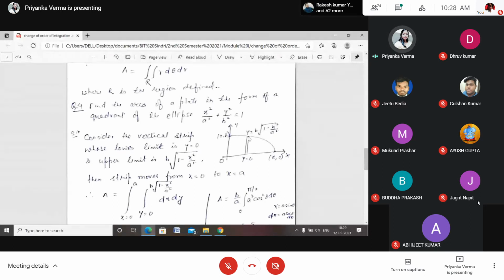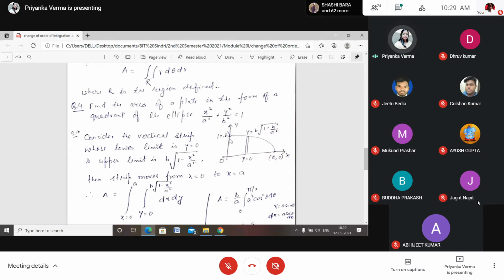I have taken a vertical strip, so the lower limit of the vertical strip lies on y equal to 0. The upper limit of the strip lies on the equation of the ellipse, so the upper limit will be y equal to b square root of 1 minus x squared by a squared. Now, to cover this region, the strip moves from here to here.